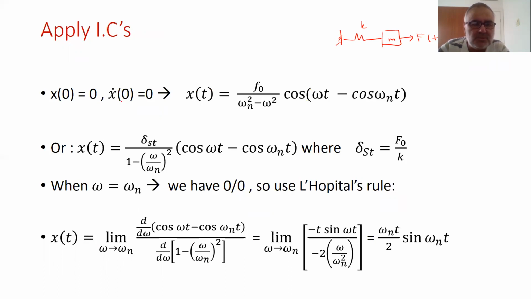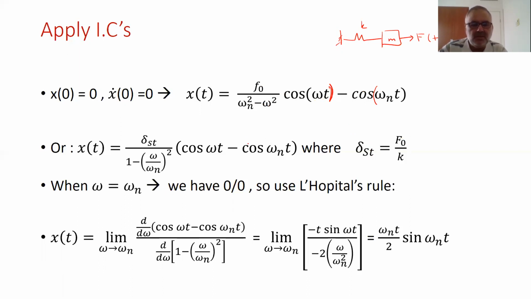So x of 0 is 0, x dot of 0 is 0. From the previous page, what we are left with is this term, f0 over (omega n squared minus omega squared), times (cosine omega t minus cosine omega n t). Okay, in which case we can define a delta static, which is f0 over k.